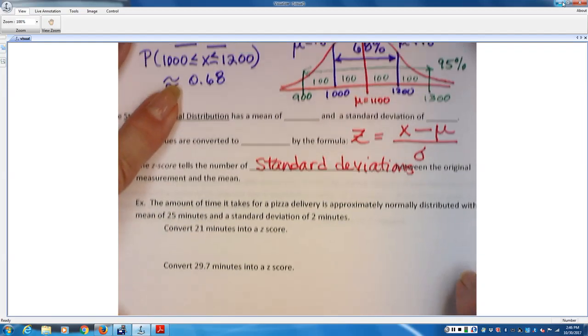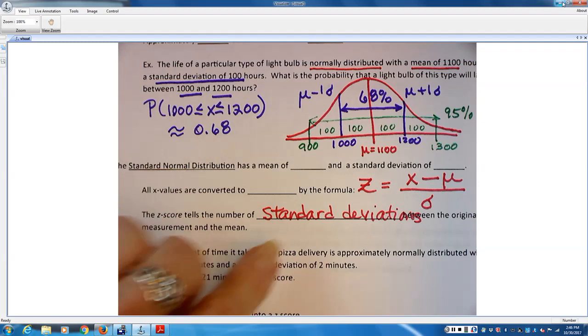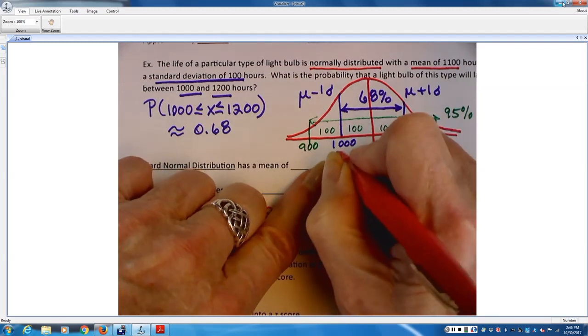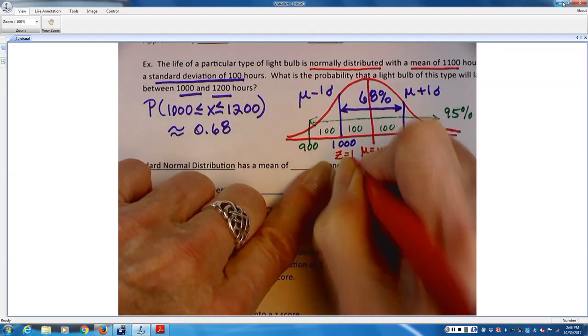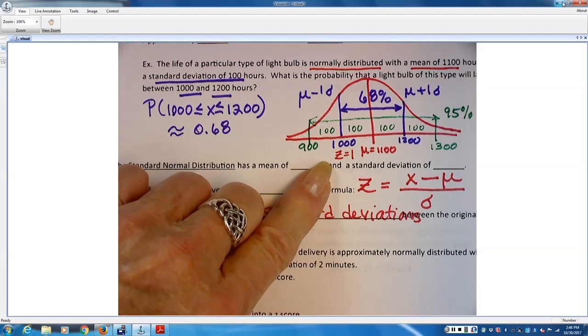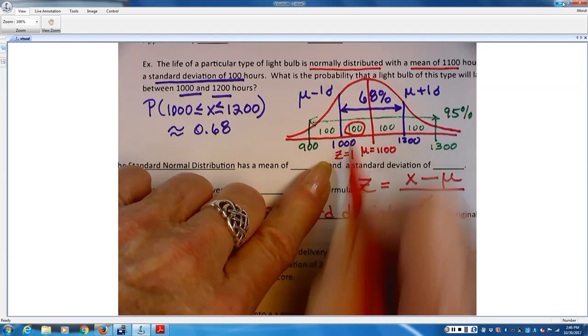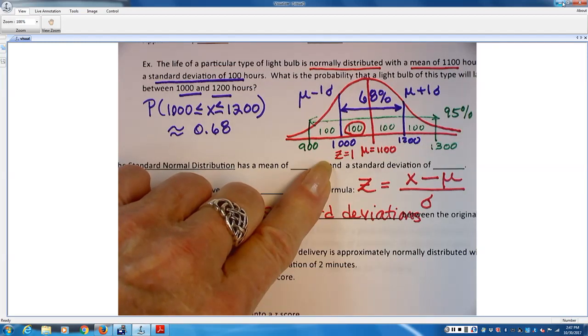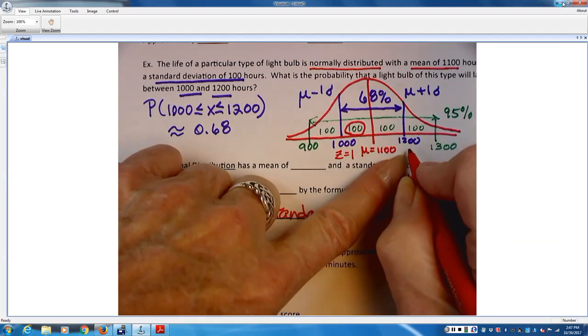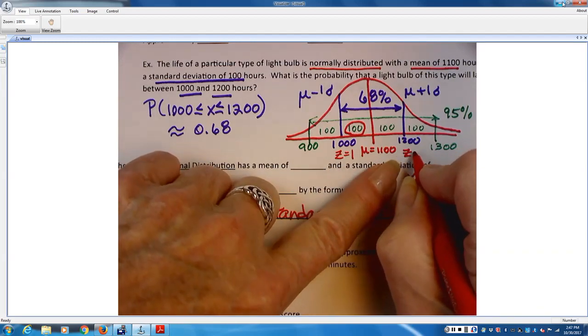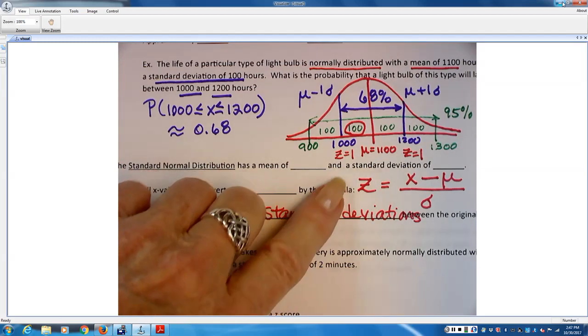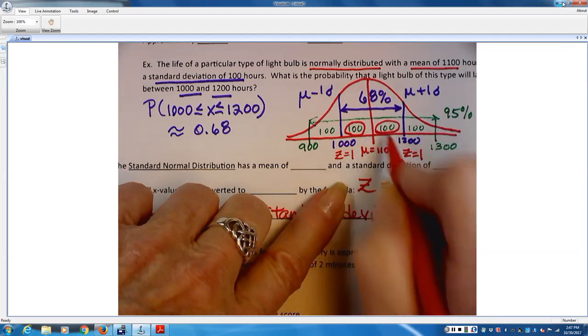And just for example, you might want to add this to your notes here. This z-score is 1, and the reason it's 1 is because it's 1 standard deviation below the mean. And the z-score for 1,200 is also 1 because it's one standard deviation above the mean.